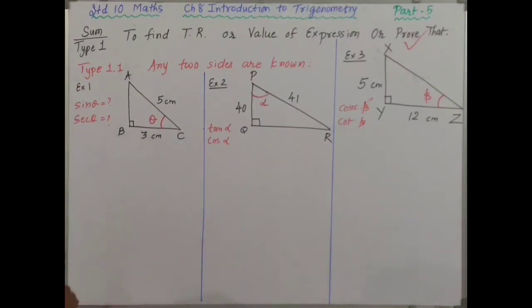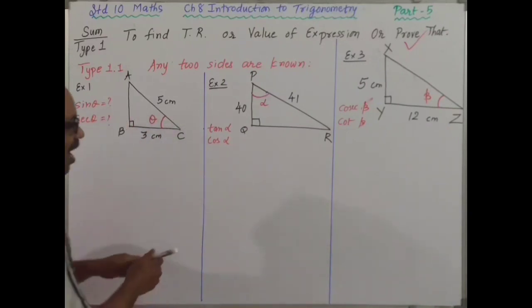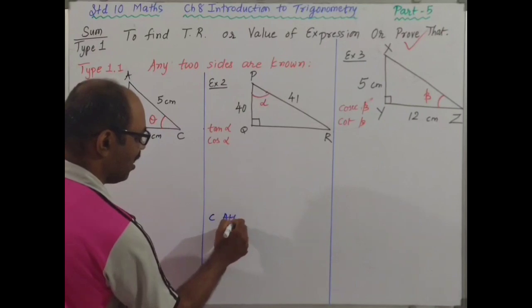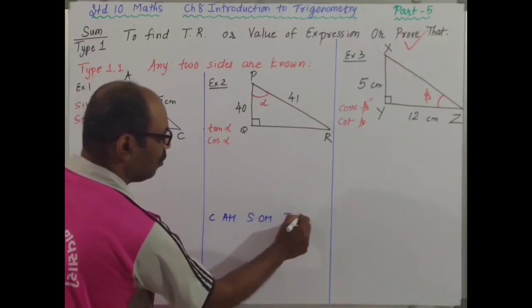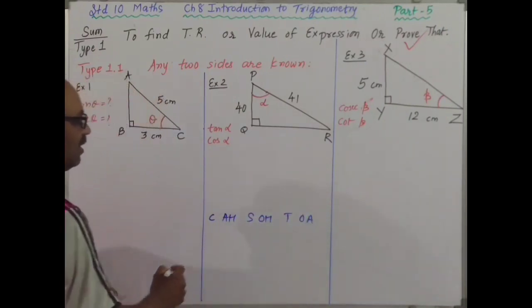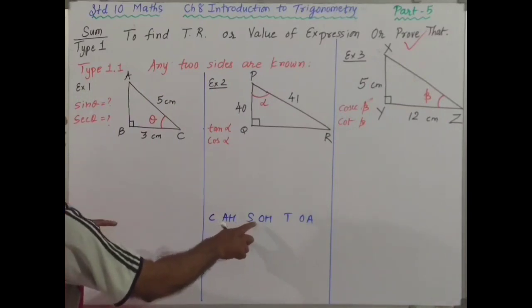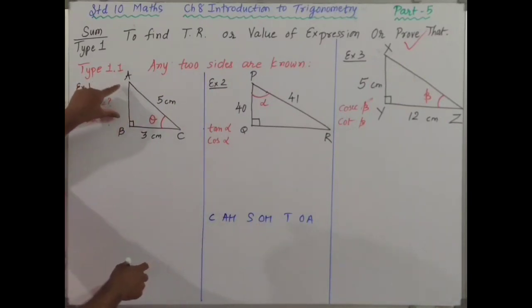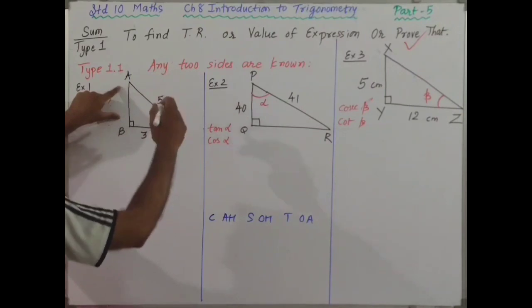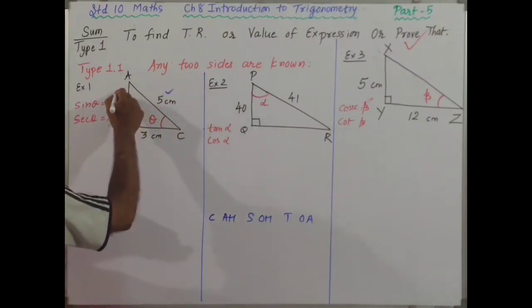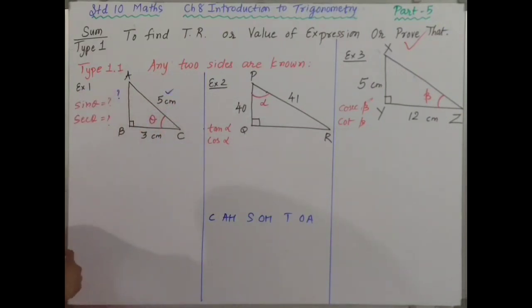Sin theta, cos and sec theta. What is sin theta? Remember SOH CAH TOA, you will need this. Sin is opposite upon hypotenuse. Opposite is AB, hypotenuse is AC. AC is known, but the opposite side is not known.